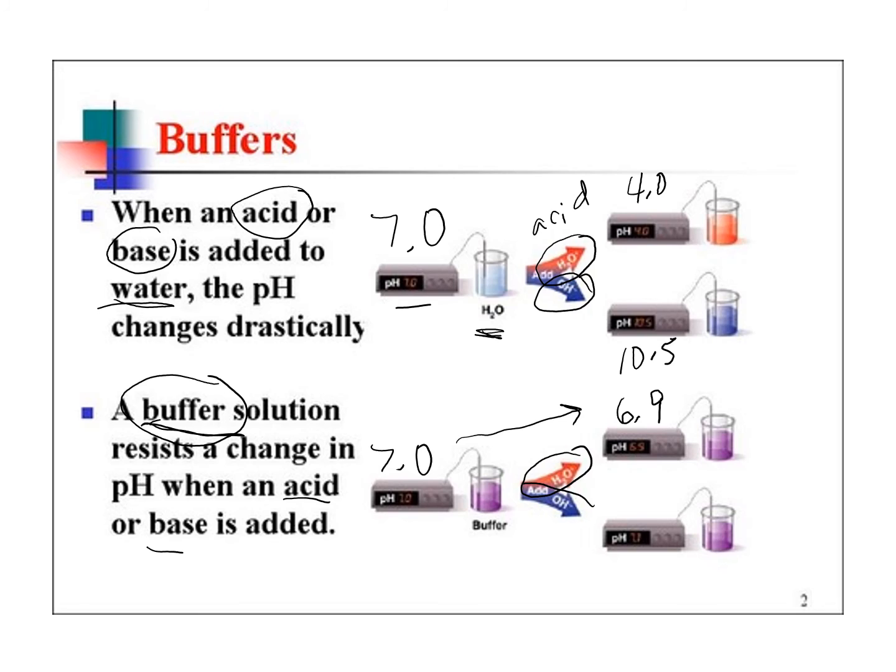And then if I add hydroxide ions to my buffered solution, the pH is going to go up slightly, but only to 7.1. So this example is just trying to illustrate how with a buffer system, your solution is not going to change very much when you add an acid or base. And again, we have buffers in our body. And you'll be doing a very similar experiment to this in lab. We do an experiment on pH and buffers, and you'll be adding a strong acid and a strong base to a water solution and a buffered solution.